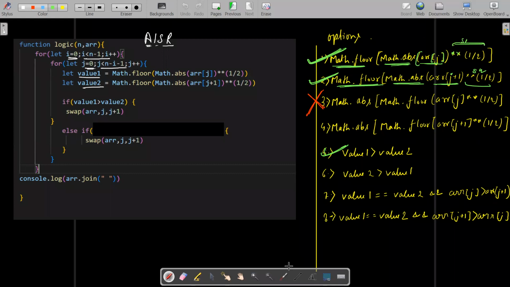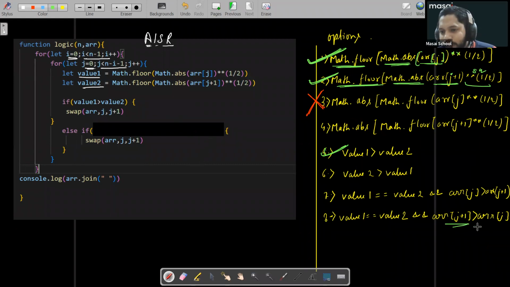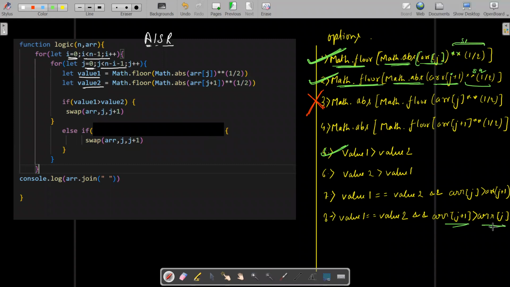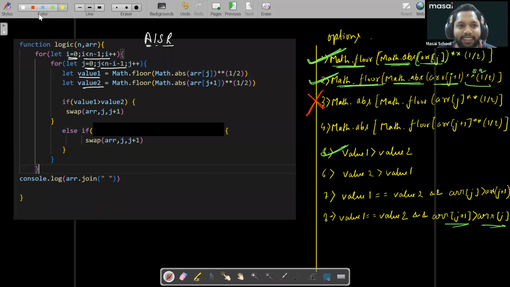The last option will be there. You are saying array J plus 1 greater than array J. Sorry, sir, second last. So this is incorrect. I am allowing only for this question, guys, because this is a little bit hard.